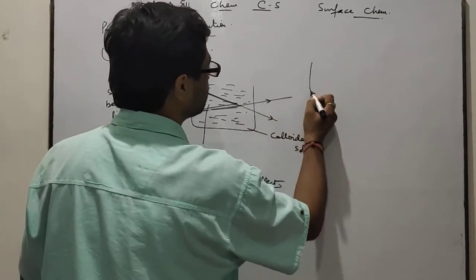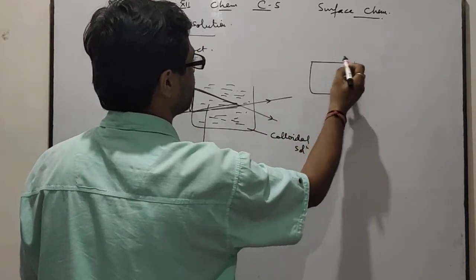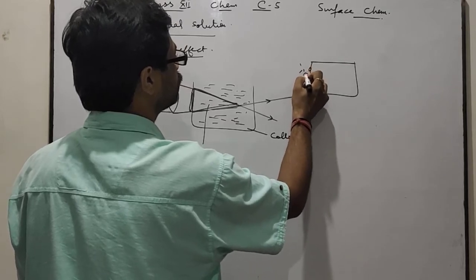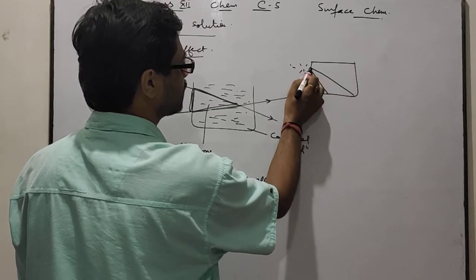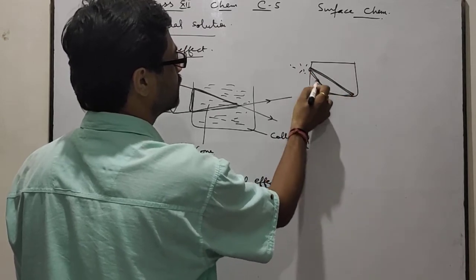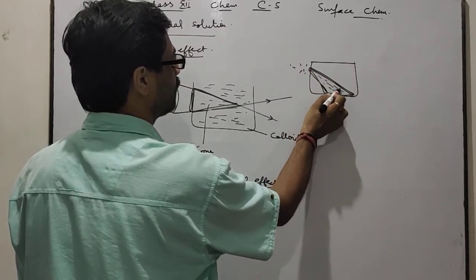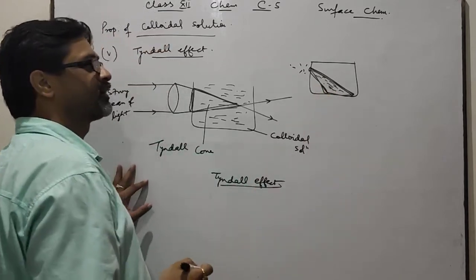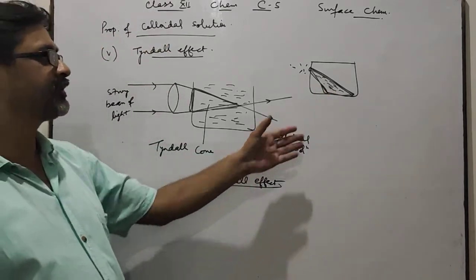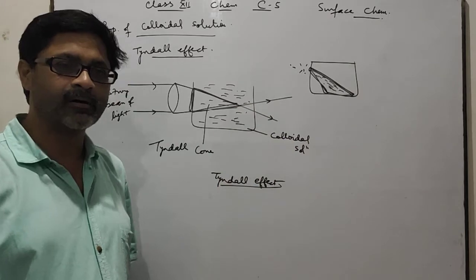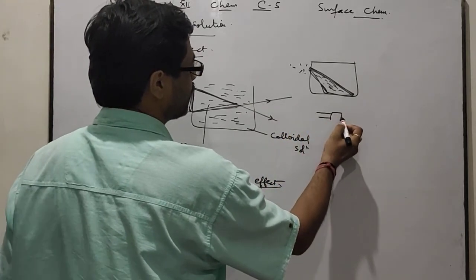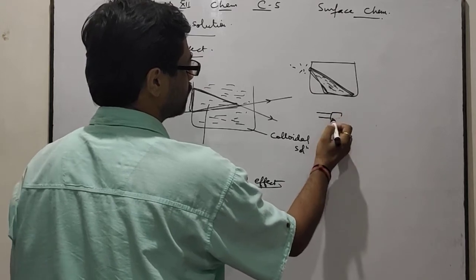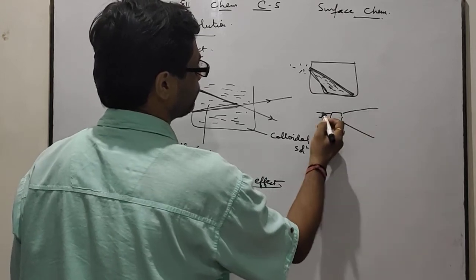When we pass a strong beam of light in a dark room, you see that the path of light appears in the form of a cone. It can be seen in any dark room, or you can see this property by using a flashlight or a torch.